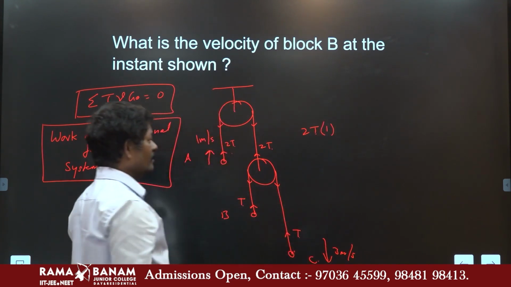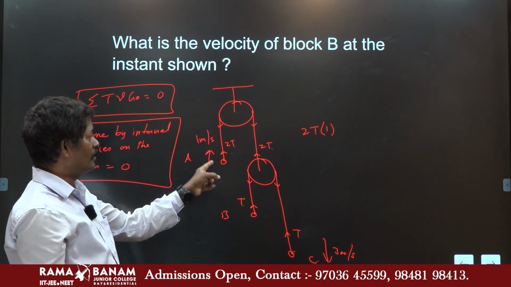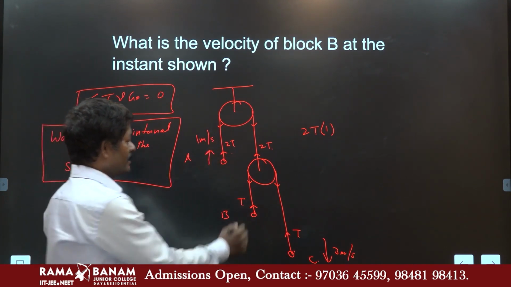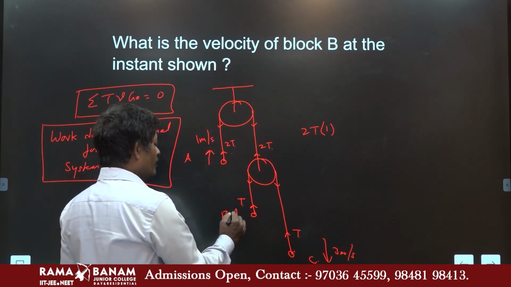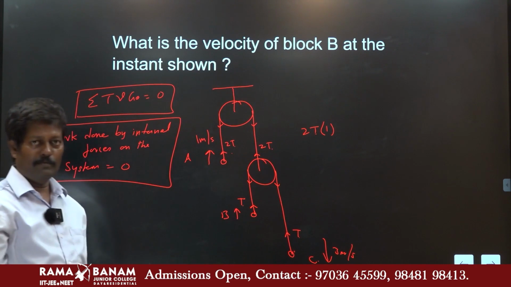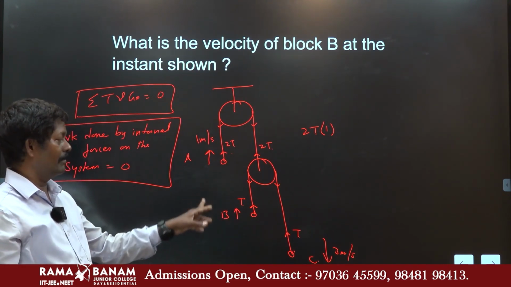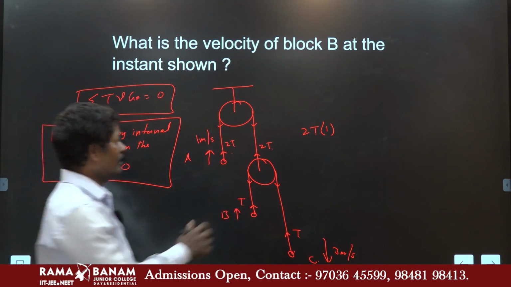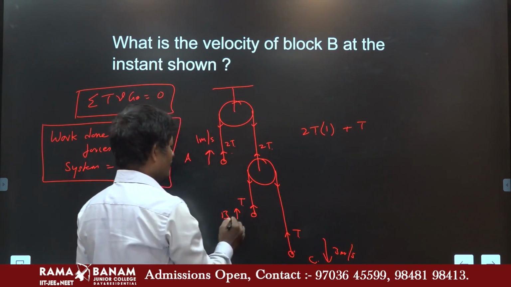I need not write that because the angle between velocity and the tension is 0. Next, come back here. We don't know whether B is going to move up or down. We assume that B is moving up. So T upward plus T upward, VB.